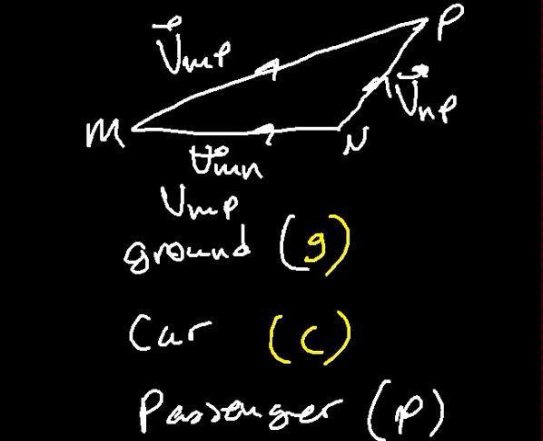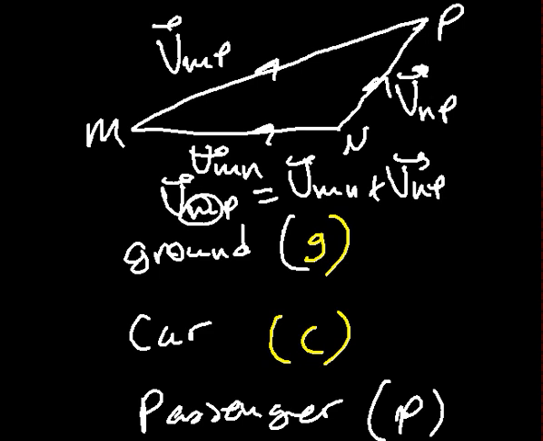VMP is equal to VMN plus VNP. We'll have that as that. As you can see here, the daughter part here should be the parental part here.